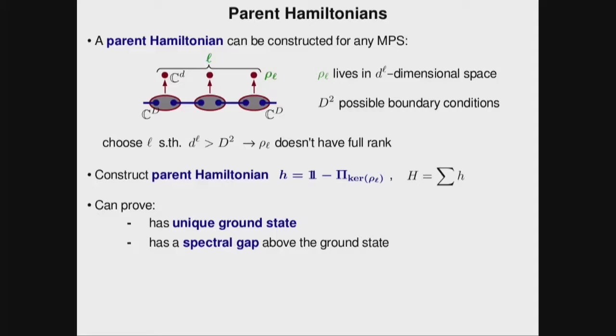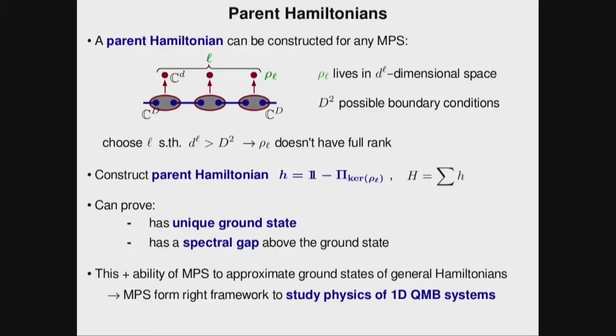So this framework can really be used to construct models which we can solve, in the sense that starting from the wave function, we get a Hamiltonian and a wave function together, such that the wave function is the ground state of that Hamiltonian. So this fact, together with the fact that matrix product states approximate ground states of general gapped Hamiltonians efficiently, tells us that if we want to understand the overall structure of one-dimensional quantum systems, this is a framework which should be sufficient.